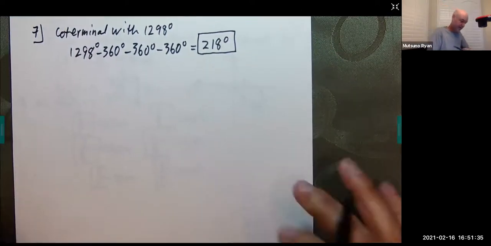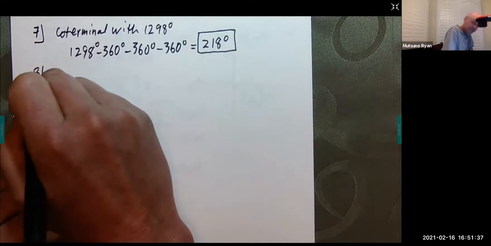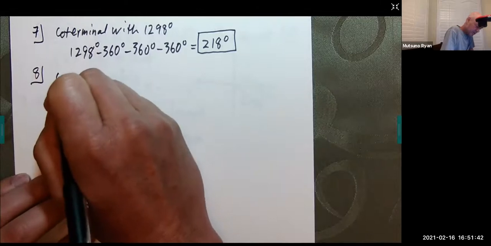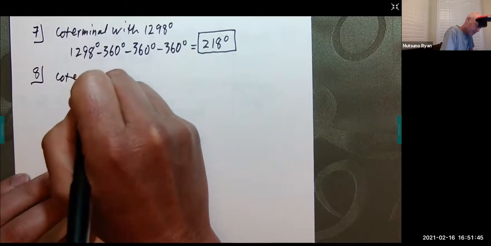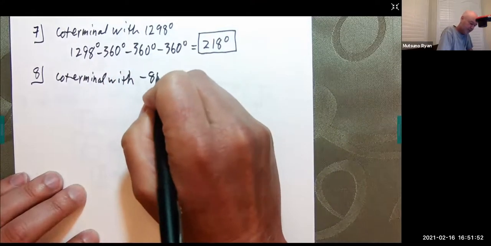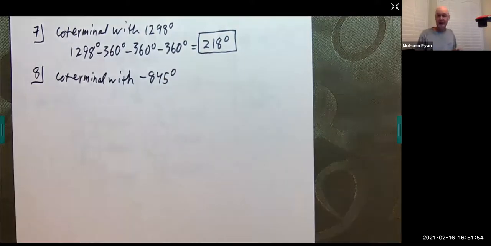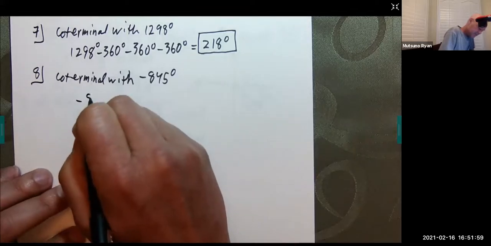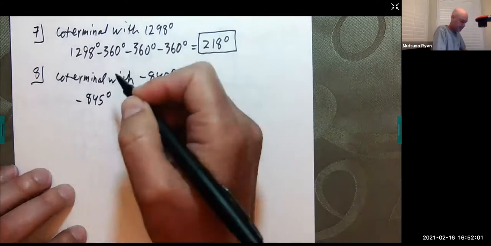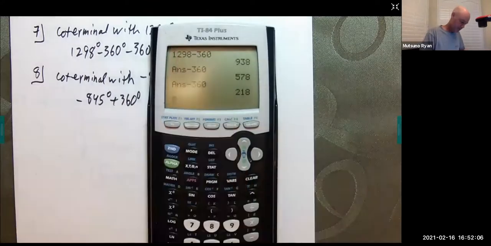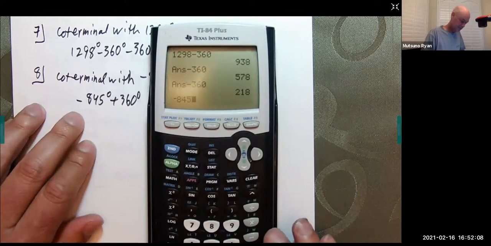And the other side of that is asking the same question, except coterminal with negative 845 degrees. Now, because it's negative, I'm going to be adding 360 to it until I get something positive. So negative 845 plus 360.